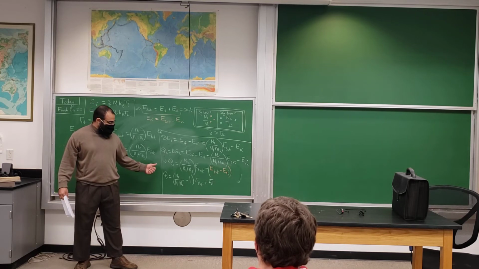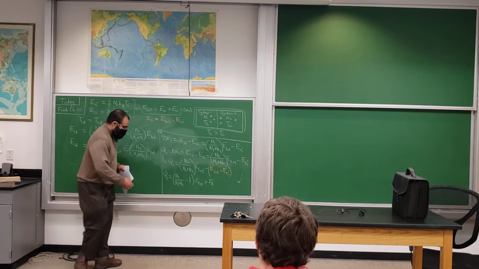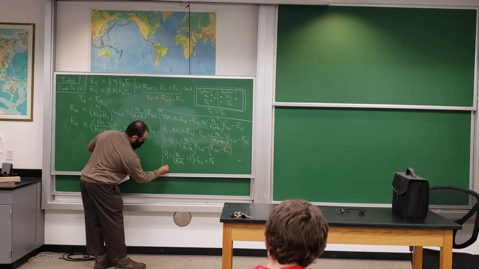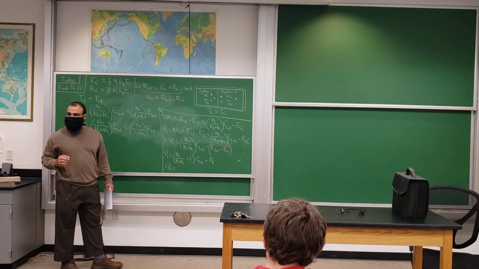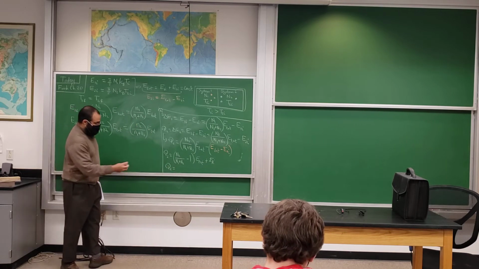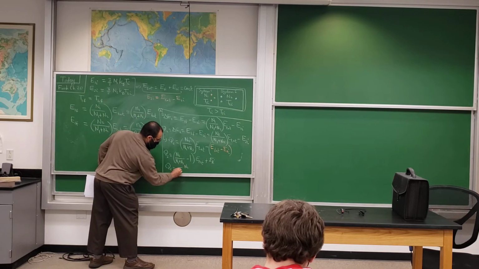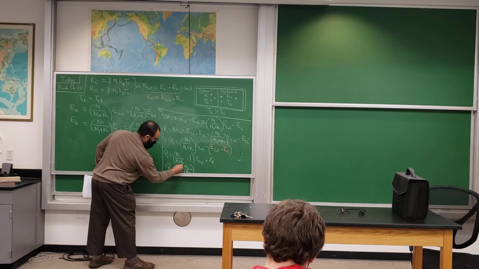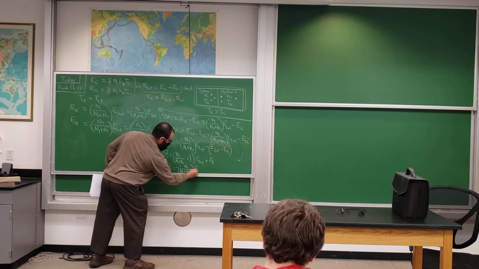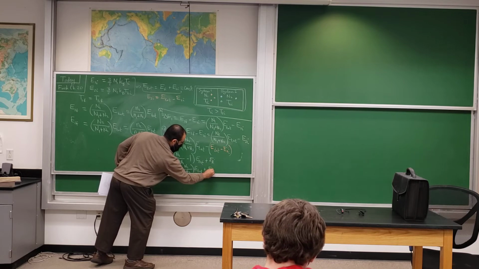So you get negative N1 over N1 plus N2 times E total. You can look through the algebra yourself a little bit later, but combining this will give you negative N1 over N1 plus N2 times E total plus E1 initial.